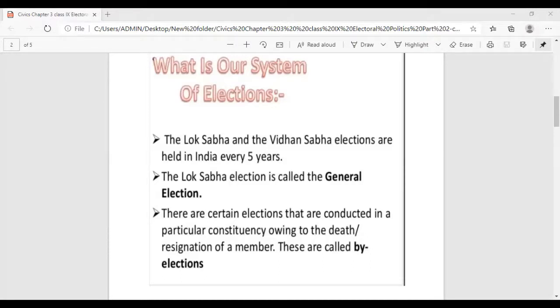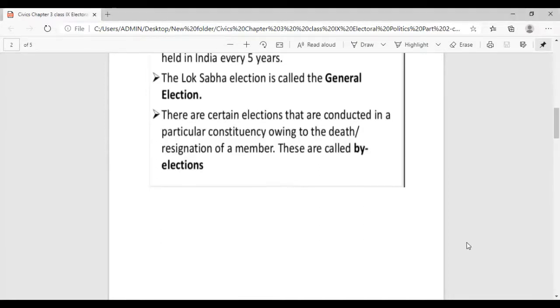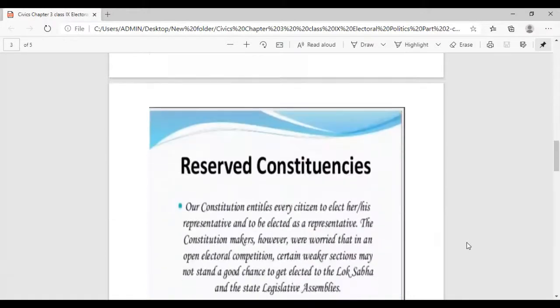What does that mean? That actually means that the candidates of BJP had won in 104 constituencies out of the total 224 constituencies in Karnataka. Now let's move on to the next subheading, explaining about the reserved constituencies.